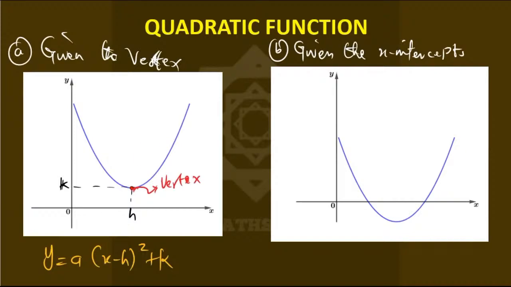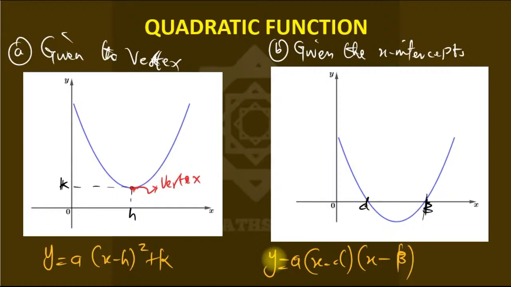I said the first form is given the coordinate of the vertex, while the second one is given the x-intercepts. Assuming the x-intercepts, let's use alpha and beta, where the curve touches the x-axis. Then the quadratic function is always y equals a times (x minus the first intercept) times (x minus the second intercept).